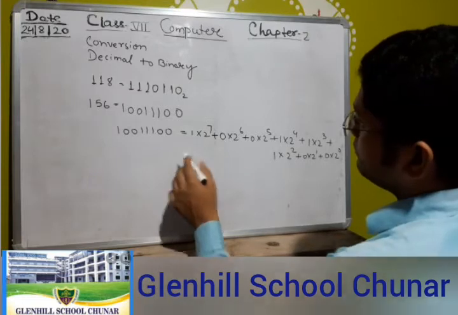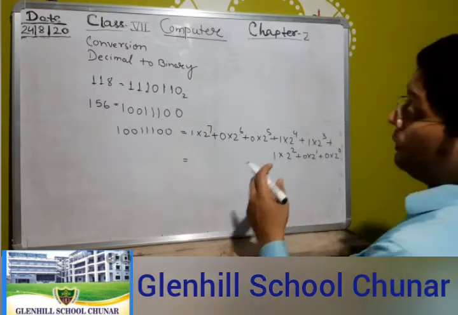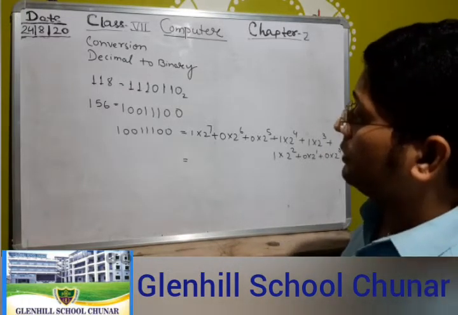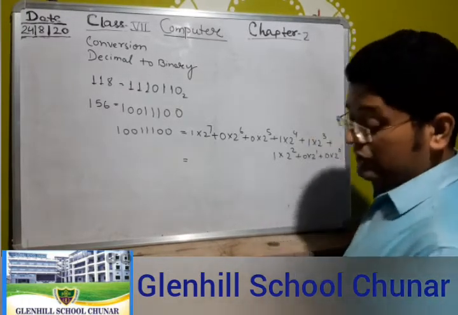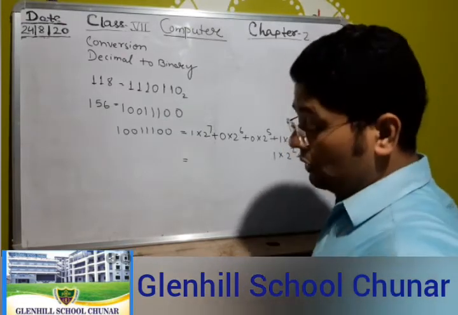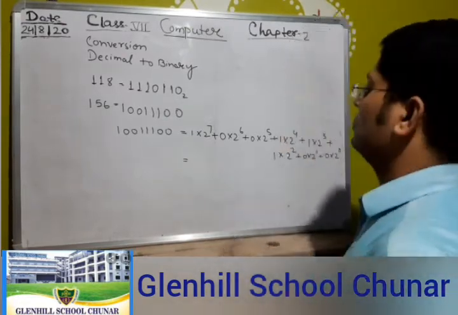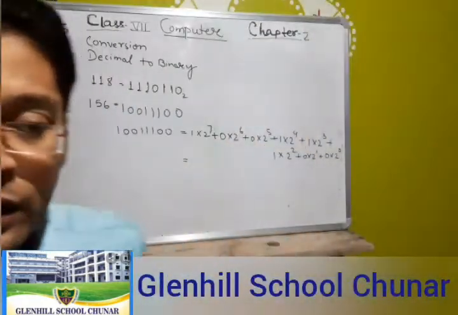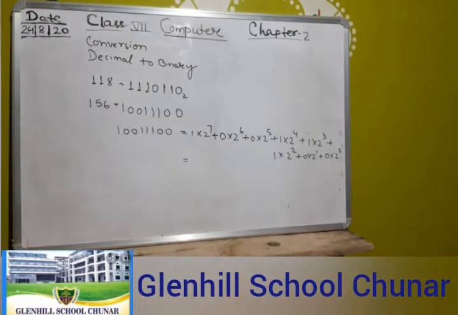Okay student, so 2 power 7: 2 twos are 4, 4 twos are 8, 8 twos are 16, 16 twos are 32, 32 twos are 64, and 64 twos are 128.